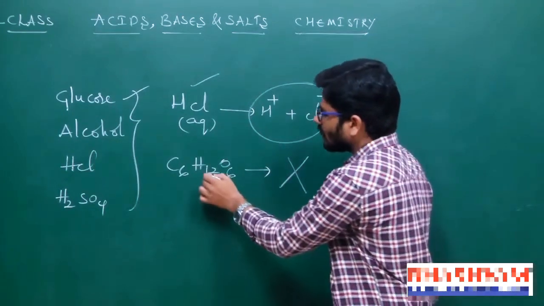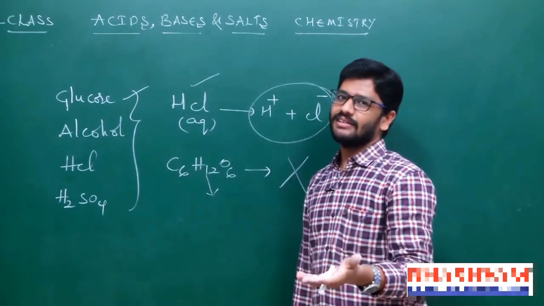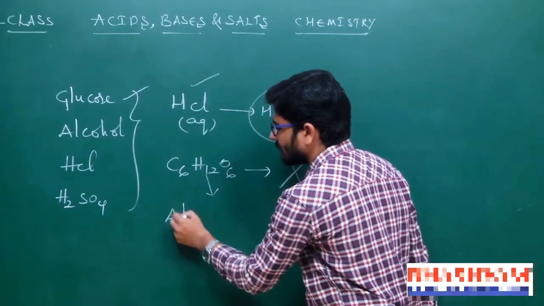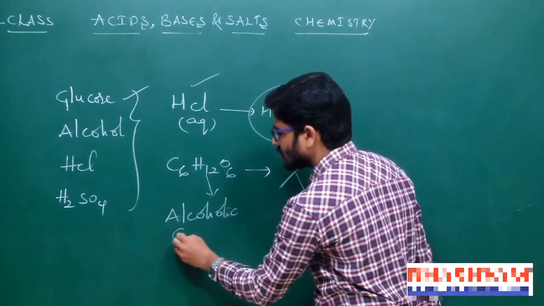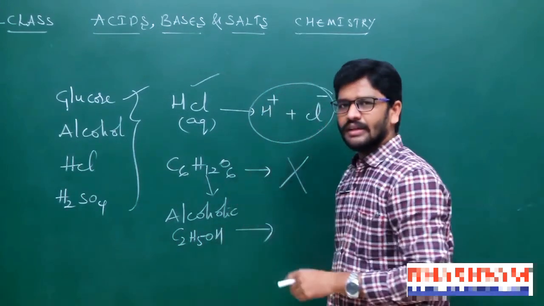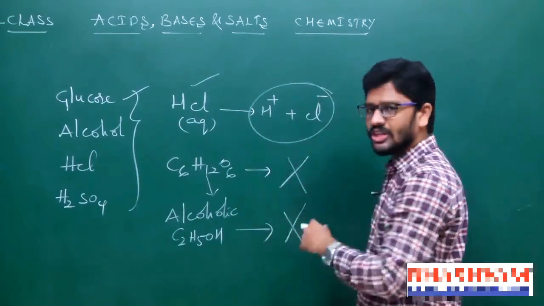So that's why glucose can't be considered an acid. Similarly, I consider an alcoholic solution in the beaker, that is C2H5OH. This substance also does not produce any ions in the solution.